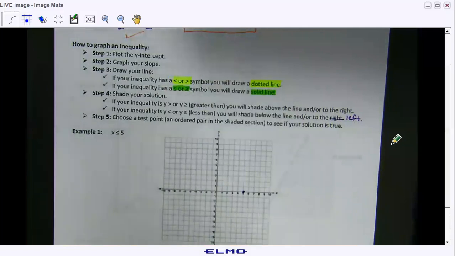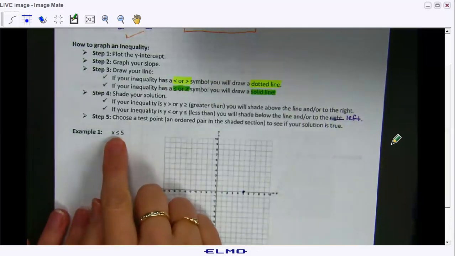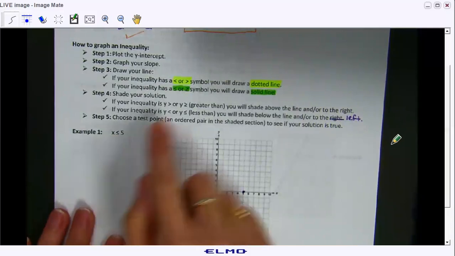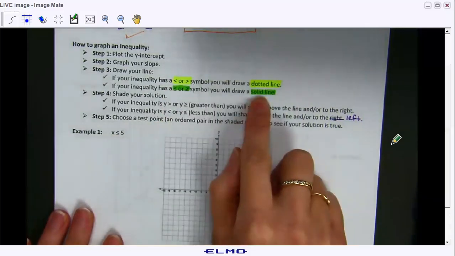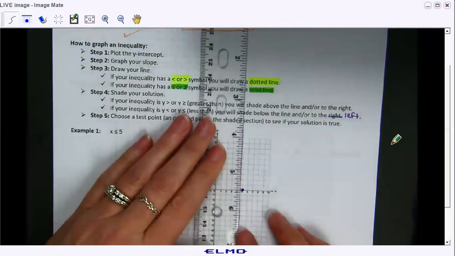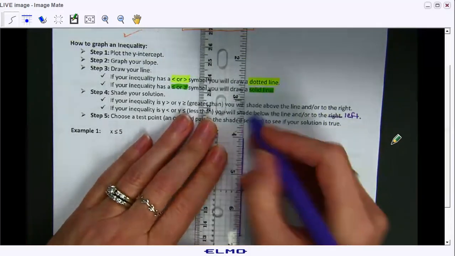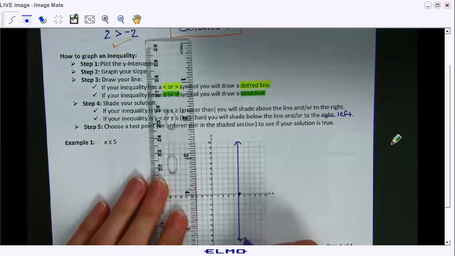So you have to look at your inequality symbol. Since our inequality symbol here has an equal sign under it, this tells us that we're going to draw a solid line. So I will just take my ruler and draw my solid line, just like this.